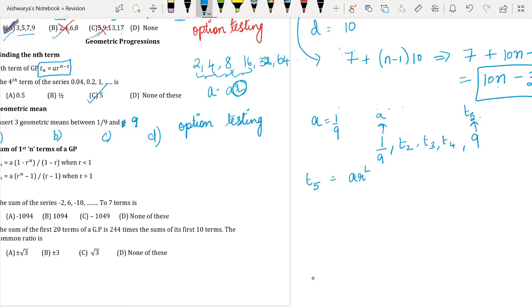T5 is A R power 4. This is equal to 9. So A value you know is 1 by 9 into R. R we don't know. We are going to find using this. R power 4 is equal to 9. So take the 9 to the other side. R power 4 is equal to 9 into 9 is 81. 81 we all know it is nothing but 3 power.